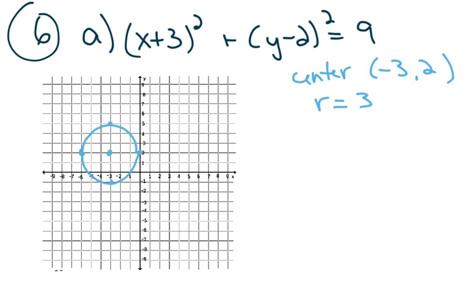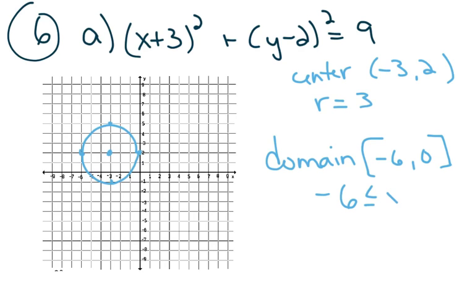The domain are all the x values between negative 6 and 0, and I should put this in the right order. And notice I put this in interval notation. If you want to put it in this notation, you can. How do I know that's the domain? Well, because the x values only go between 0 and negative 6.